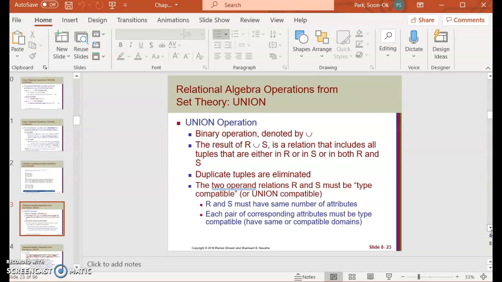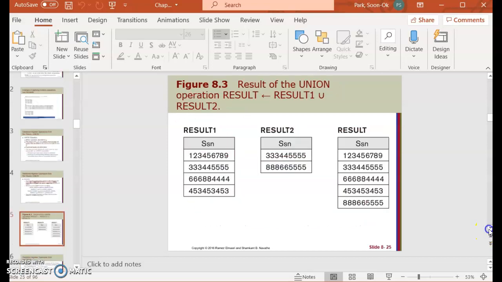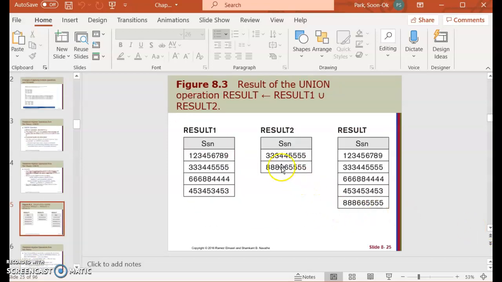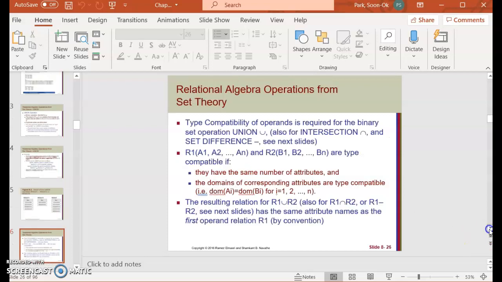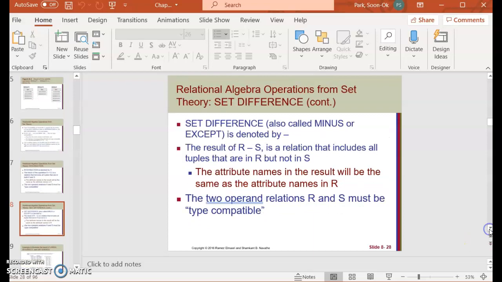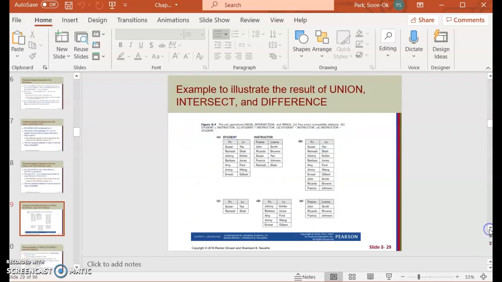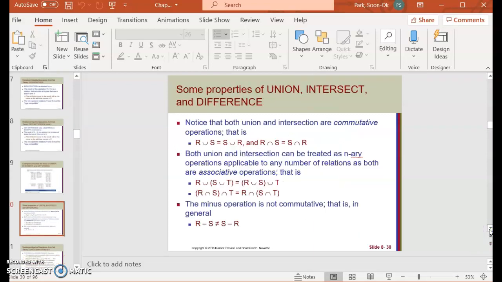For the binary operators, union can be applied on two relations. For result 1 union result 2, if both have the same SSN, only one is included. Then there are the intersect and minus operators. Union and intersect are commutative: R union S is equal to S union R, and they are also associative.